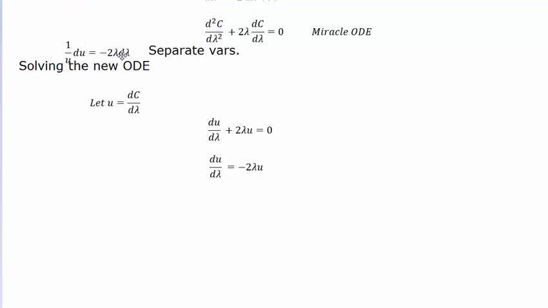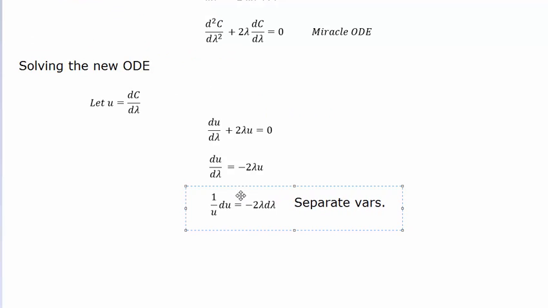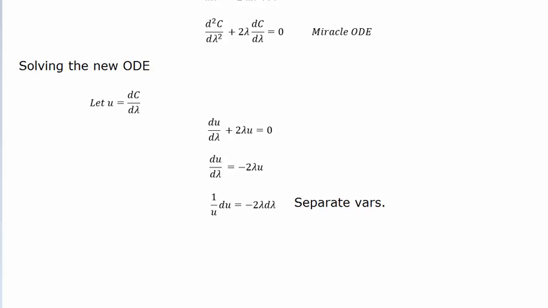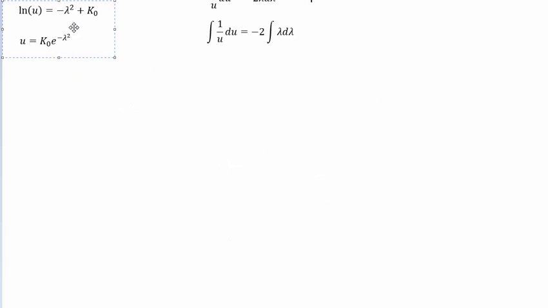So now it's a separable differential equation, so move the u's to the left hand side and the lambdas to the right hand side. Do the indefinite integral, and what you'll arrive at is the log term on the left and this lambda squared over here, because the 2 will cancel out when you do lambda squared over 2, and you get this new constant.